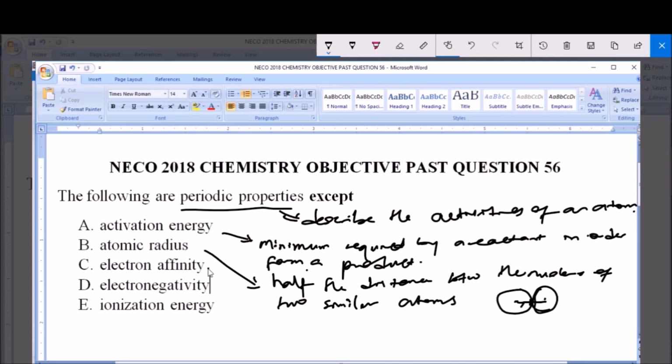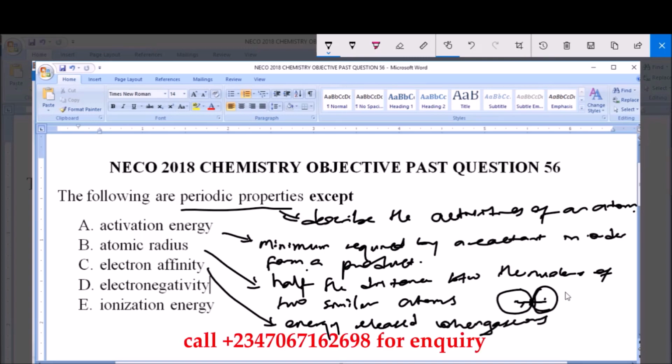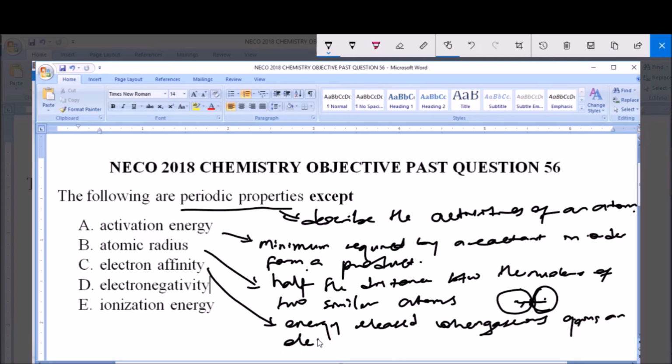Option C here says electron affinity. Electron affinity is simply the energy released when a gaseous atom gains an electron.